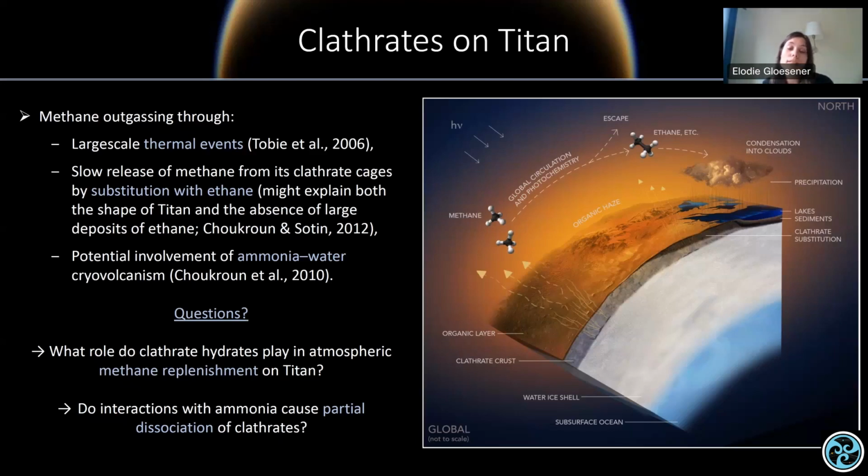In this process, liquid ethane would percolate through the crust and replace methane in the clathrate hydrates. So in our experiment at JPL, we focused on studying the role of clathrate hydrates in the methane replenishment of Titan. And here I'm going to present our results for the ammonia interactions.